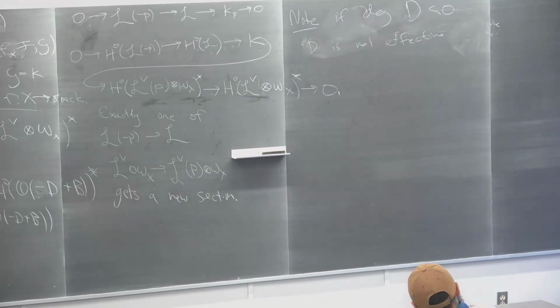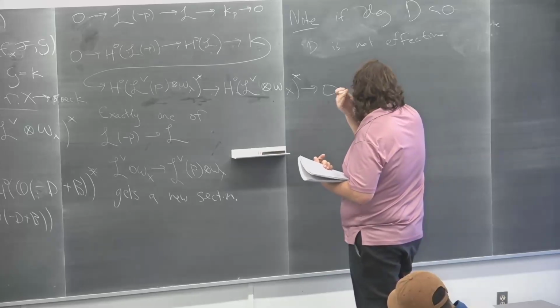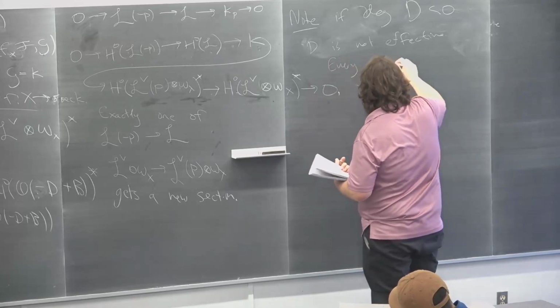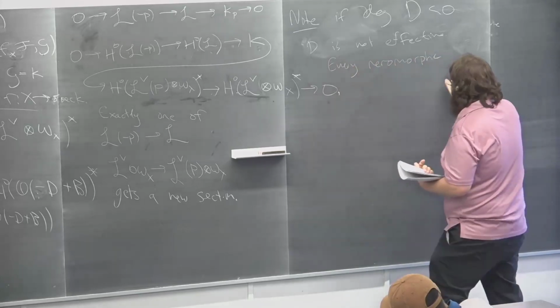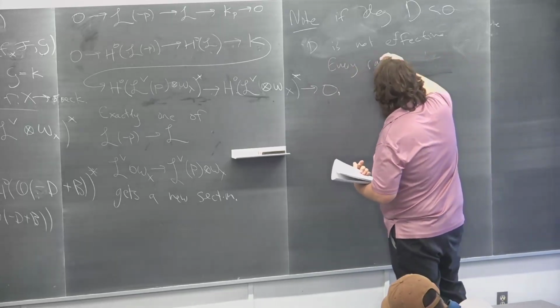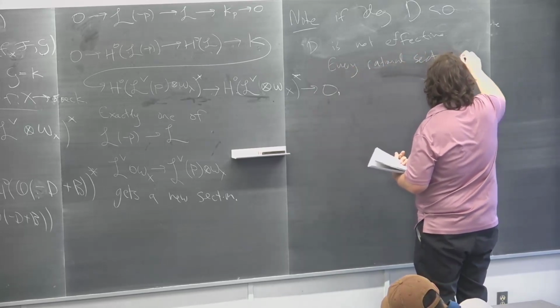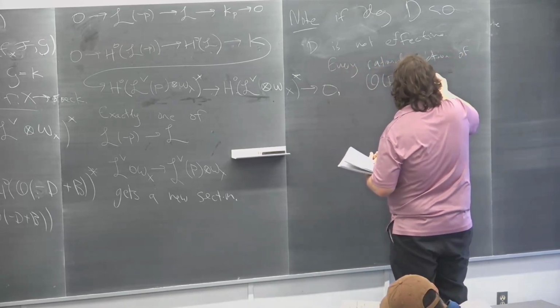And in that case, sorry, now I've got this right, every section of the line bundle has a pole. So this tells me every meromorphic, I should say rational, section of O of D has a pole.